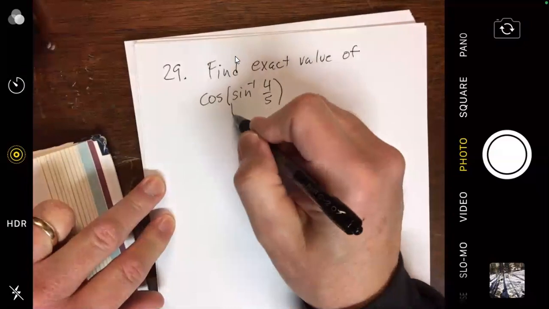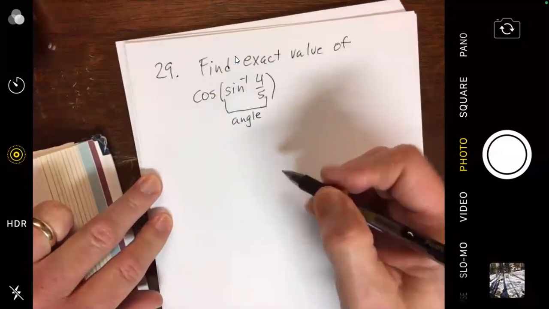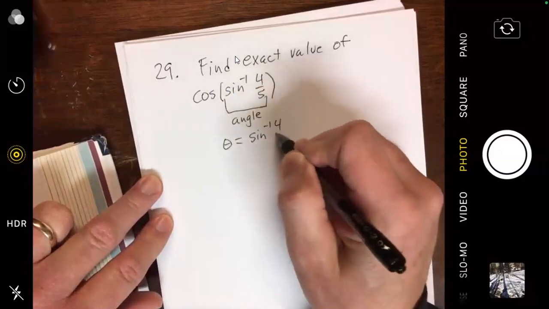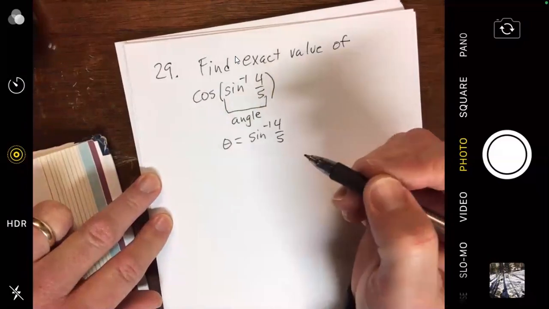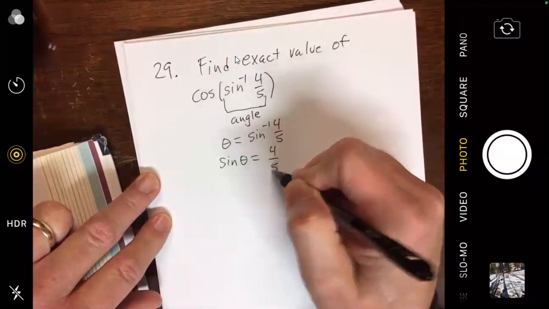You've got to understand, this is an angle. I can call it theta is arcsine of 4/5. Sine of theta then equals 4/5.